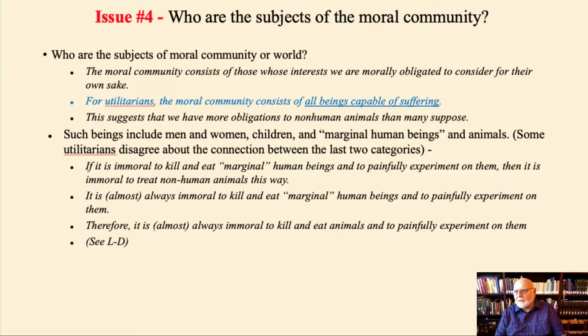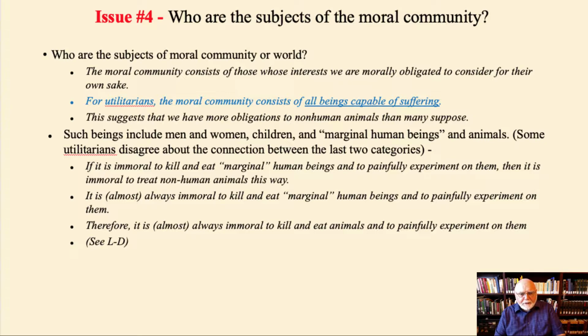That takes us back to Jeremy Bentham's question. And such beings include women and children, and include marginal human beings and animals. Now, some utilitarians disagree about marginal human beings and animals, but most would include marginal human beings. Peter Singer gives us a little summation here of his argument about marginal human beings and animals.